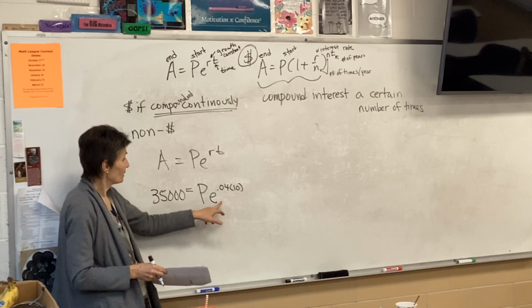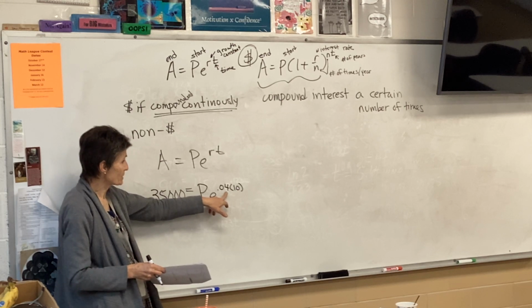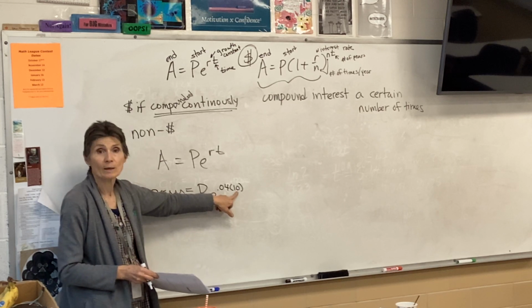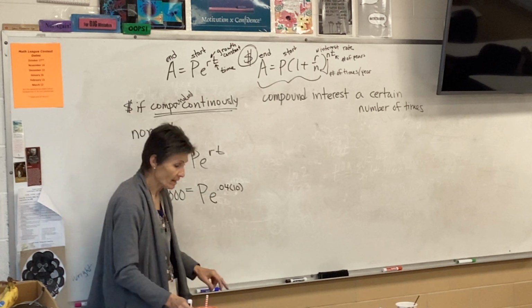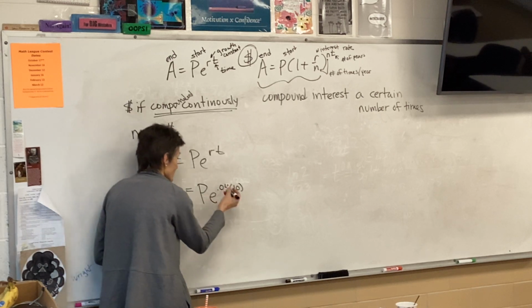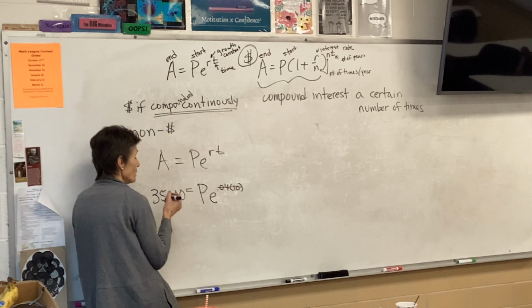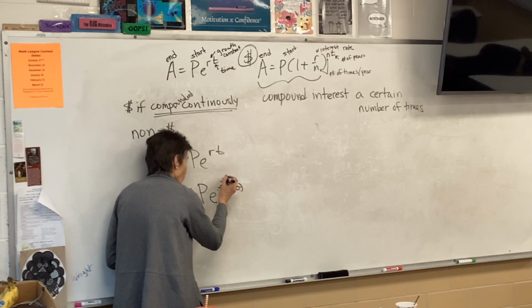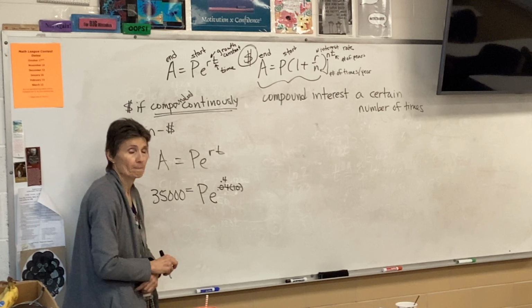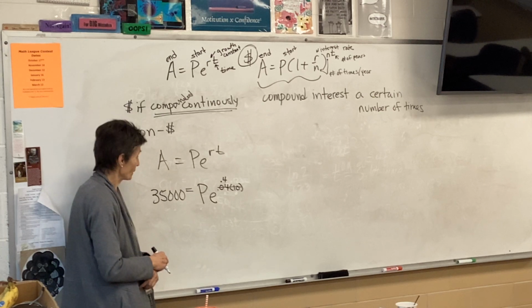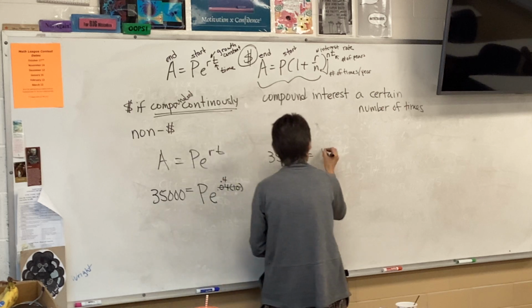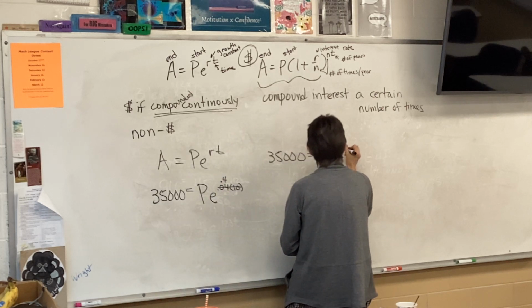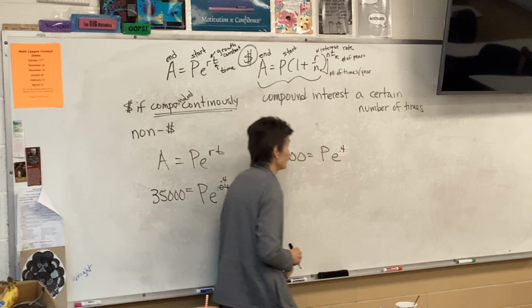My interest rate is 4%, and I'm going to wait 10 years. Okay, so first thing I want you to do is multiply these. Go ahead, just like we did before. So that's going to be 0.4. So I have 35,000 equals something times e to the 0.4 power.